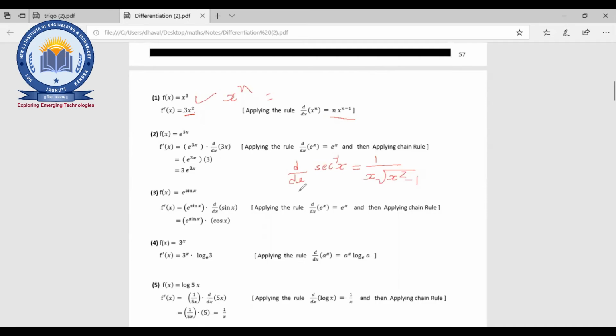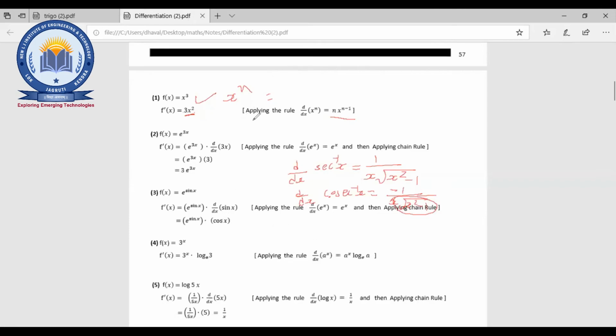And for cosec, d by dx of cosec inverse x equals minus 1 upon x into under root x square minus 1. Whenever the c will be there, there is a minus. So these are the things.